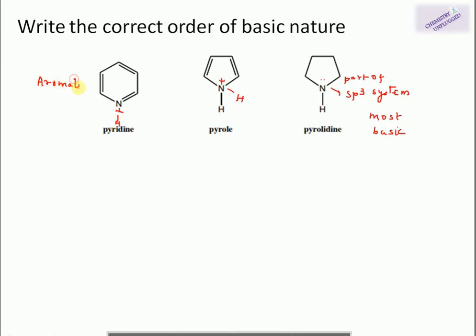In the case of pyrrole, it is no more aromatic after addition of proton. So when the conjugate acid is not aromatic, it is less stable than the other one. If we number them 1, 2, 3, then pyrrolidine will be most basic, then pyridine, and least is pyrrole because its conjugate acid is not so stable as pyridine's.